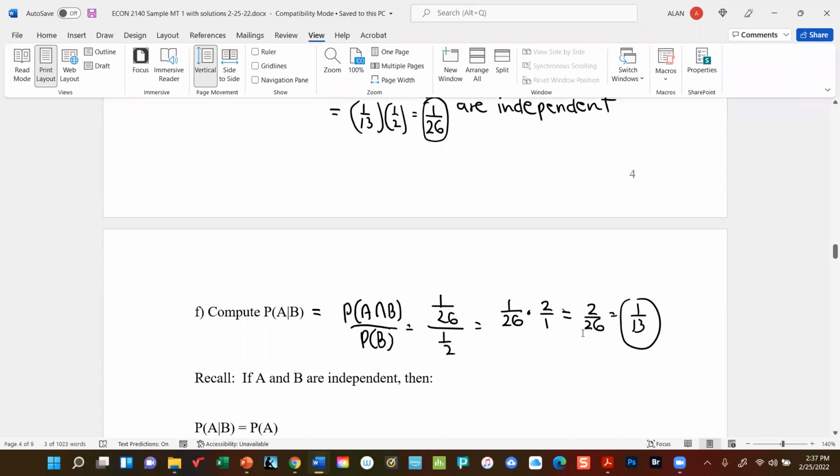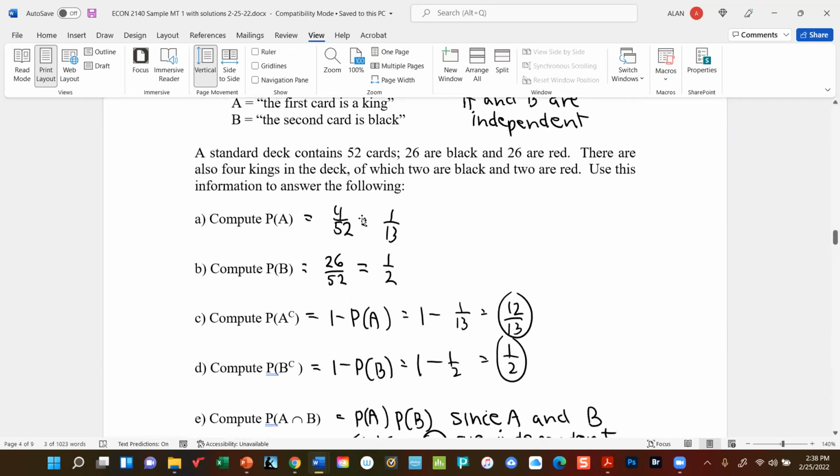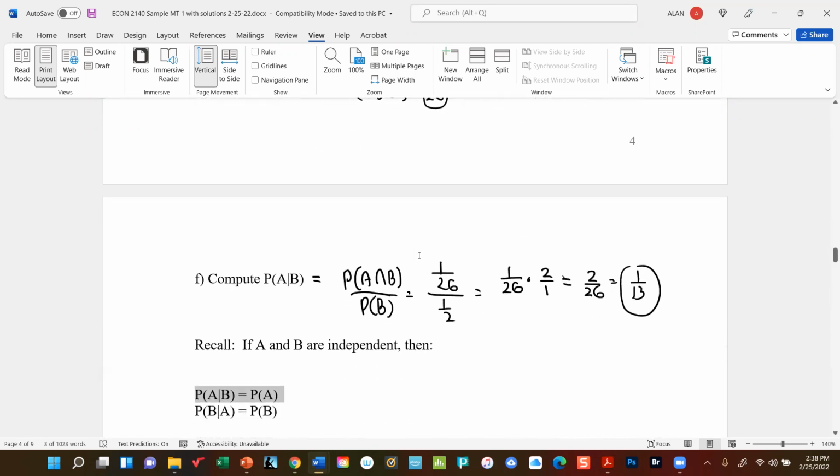But we actually could have done this in a slightly different way. Normally, we write out the definition of our conditional probabilities and then we solve. But here we didn't even have to bother with this, and here's why. Remember what independence means: the probability of A given B is just equal to the probability of A. So I could have just gone up here and said, oh, wait a minute, the probability of A is 1/13.